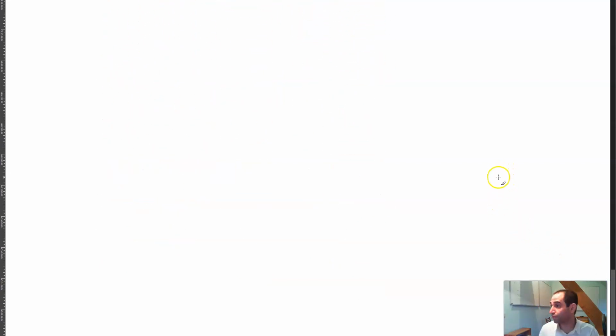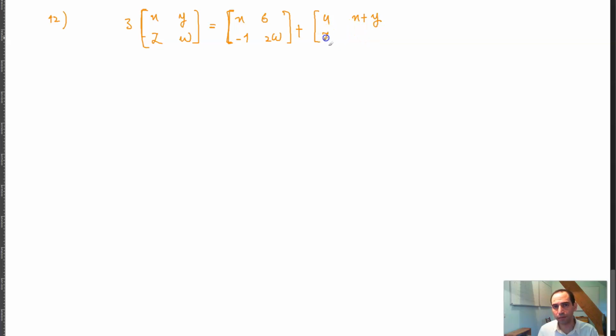Question number 12. You have 3 times the matrix (x, y, z, w) is equal to (x, 6, negative 1, 2w) plus (4, x plus y, z plus w, 3).